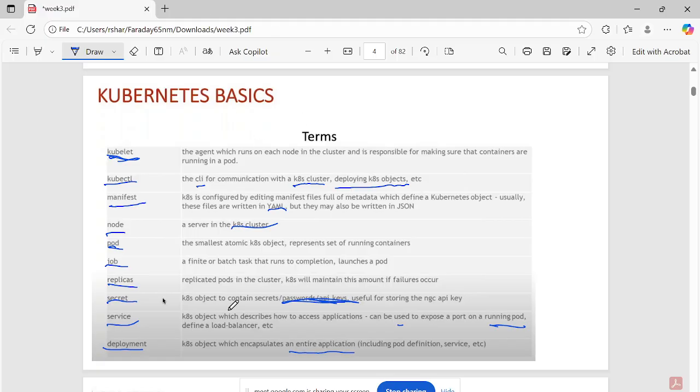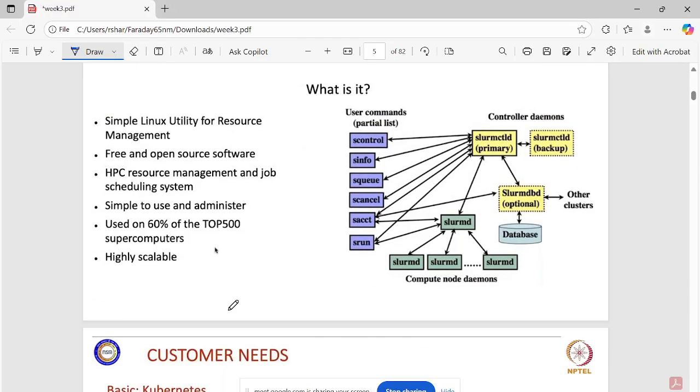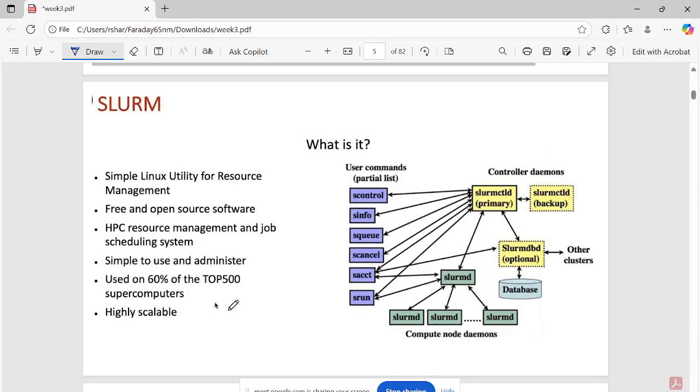Next is Slurm. Slurm is a simple Linux utility for resource management. It is for scheduling, used in HPC resource management and job scheduling.